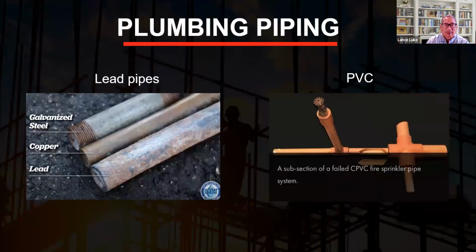Now let's talk about plumbing piping. Remember I talked about lead paint? The same material could be in piping. You have galvanized steel, copper pipe, and then you have lead pipes made out of lead. In the old days, the plumbing piping was made out of lead because you could mold it and it's easy to shape and bend.